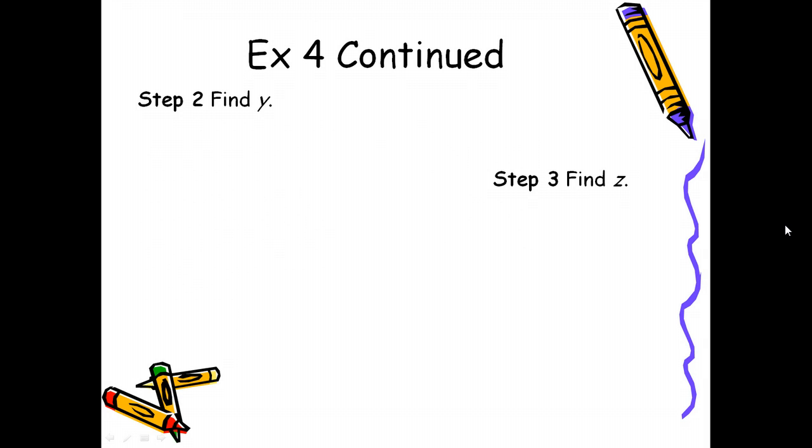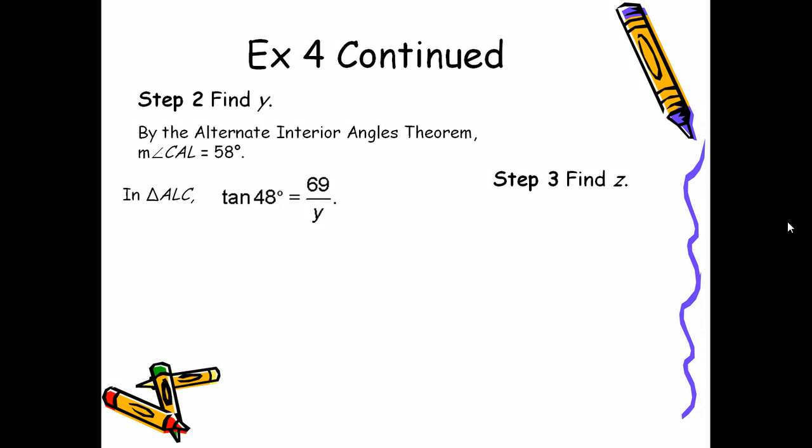So let's find y. By the alternate interior angles theorem, again, the measure of CAL is 48 degrees. In triangle ALC, the small first triangle, the tangent of 48 degrees equals 69 over y.